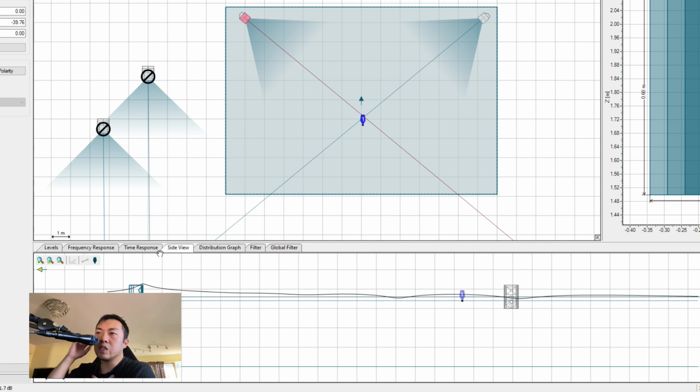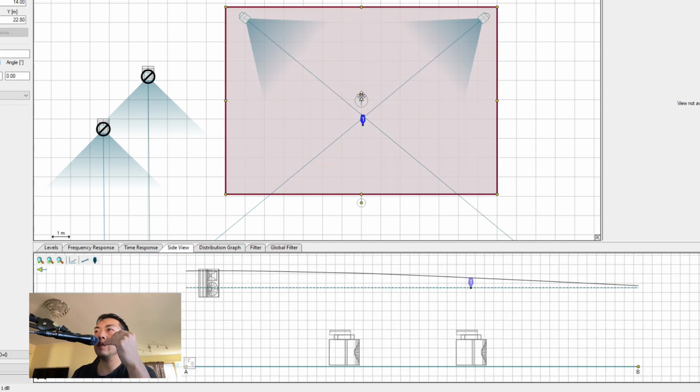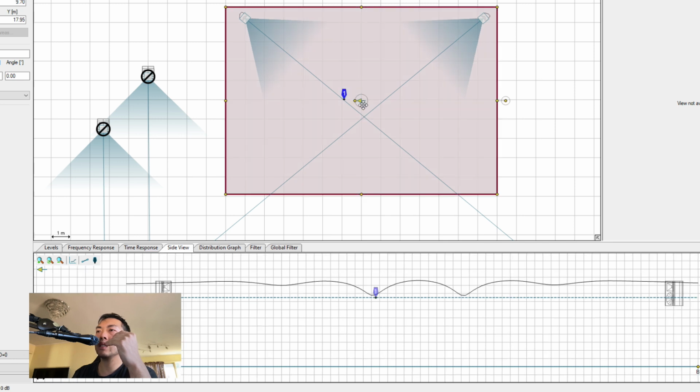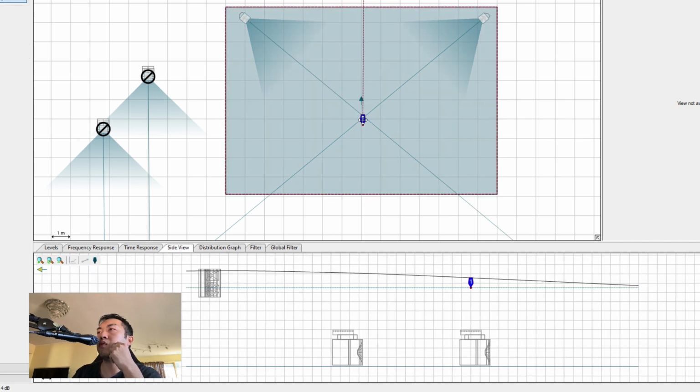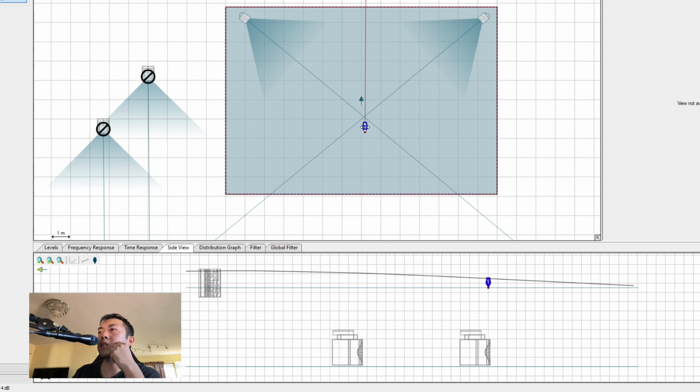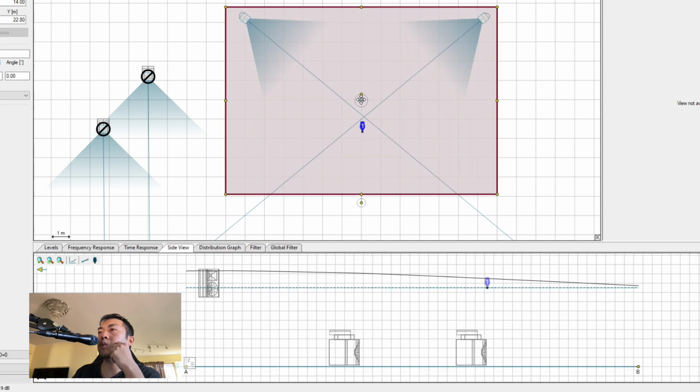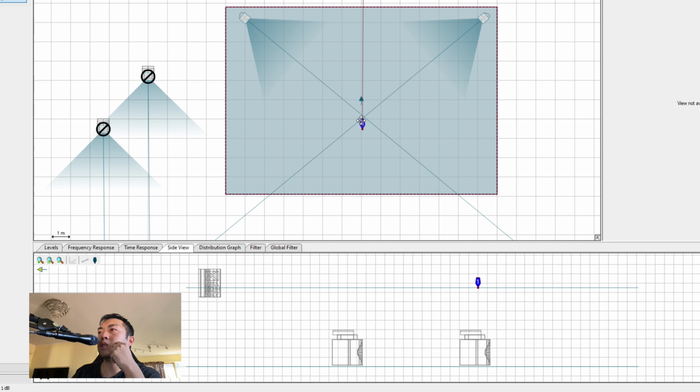If you can't see, this says side view, and it basically looks at it from, I believe, a 90-degree difference. So there you can see the side view, the dancer is almost in the middle, and you have the two speakers facing that way. Now, if we do it that way, and we look at the side view from here, we see that the dancers are always going to be roughly in the middle.